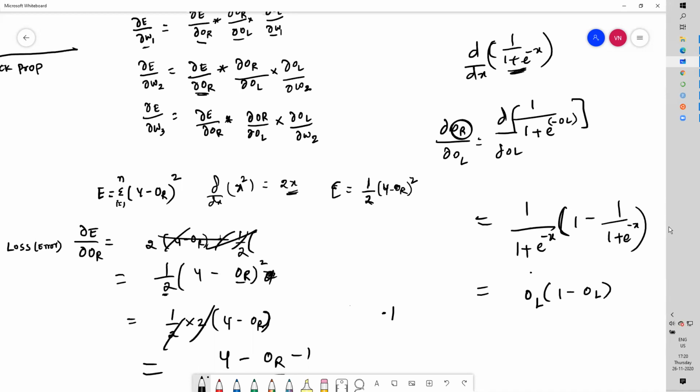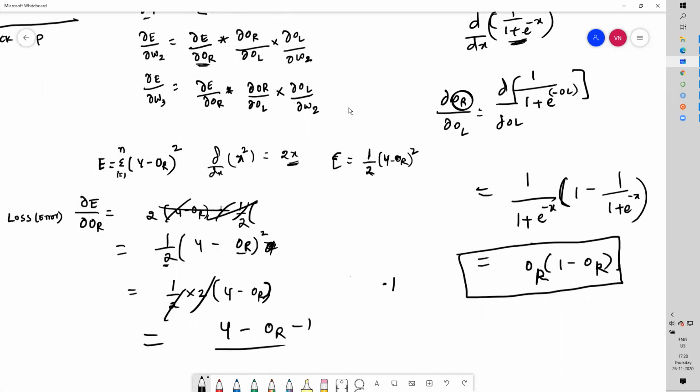What is OR? OR is 1 by 1 plus e to the power of minus OL, right? So, sorry, this is OR into 1 minus OR. So this is going to be the second derivative, dou E by dou OR, and this is dou OR by dou OL. So we found out the two derivatives.